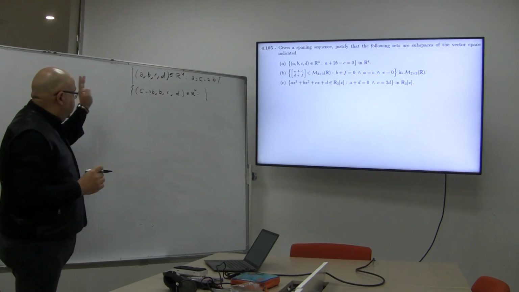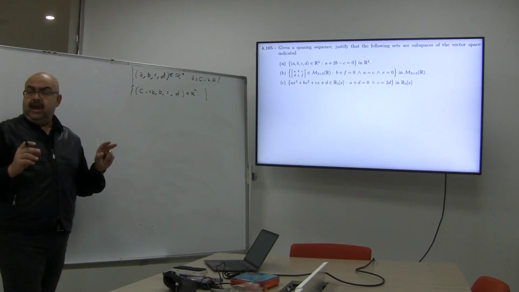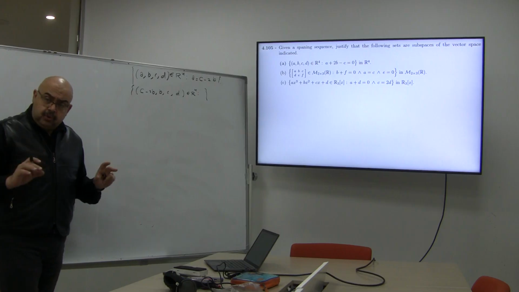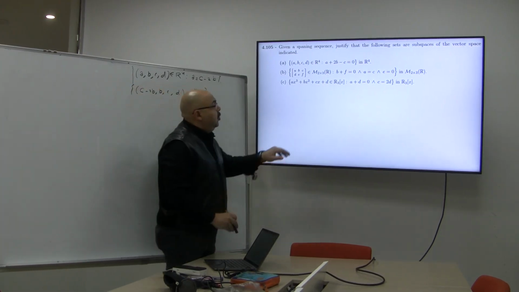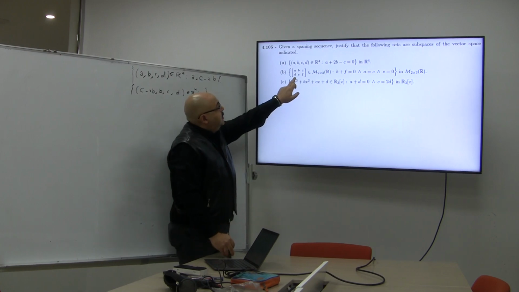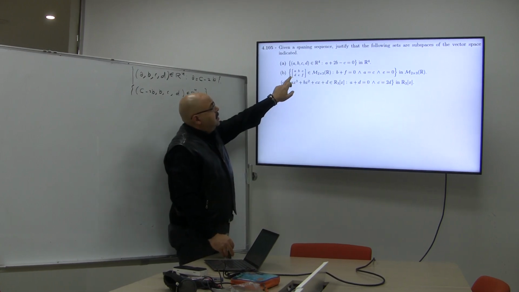If you make an addition for this set, you will also have other values which belong to R4, so it is a subspace.